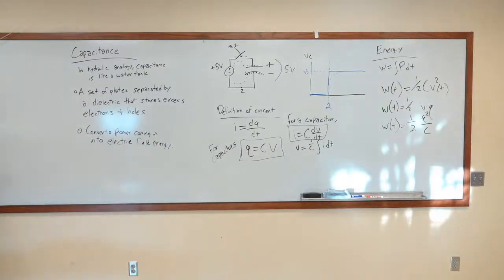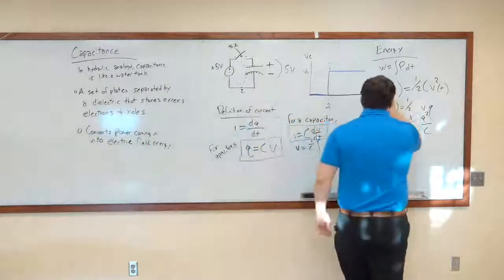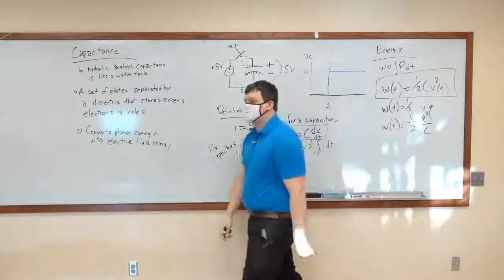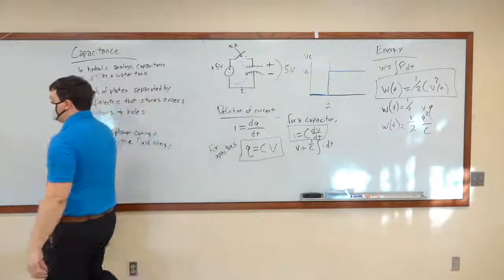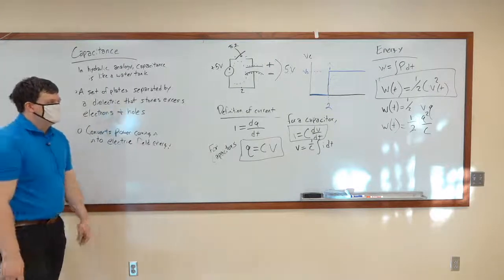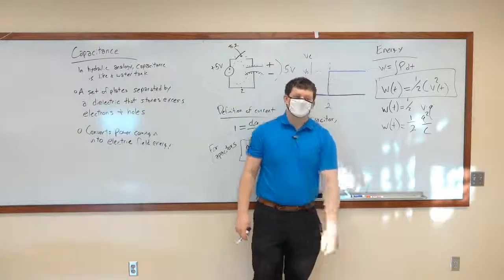Second most important one that you should know is W(t) equals 1/2 C V squared, which is your energy equation. Those are the 2 most important equations for a capacitor. Everything else we can just derive from that. You can take the derivative of this equation and find power.